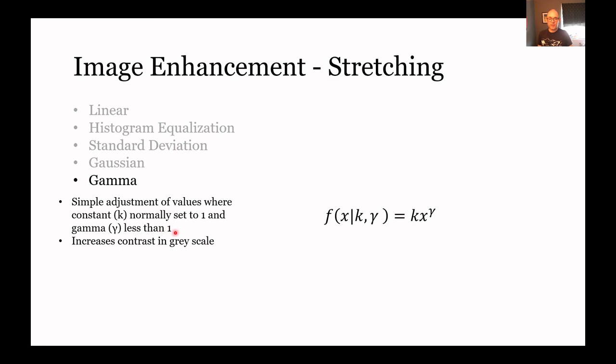And then gamma is typically set to something less than 1. So you end up stretching the values by raising them to a power of something slightly less than 1. And this will increase the contrast, hopefully. This sometimes gives you a good image to analyze, sometimes not. Okay, the choice, you're going to have to experiment, see which one gives you the best enhancement.